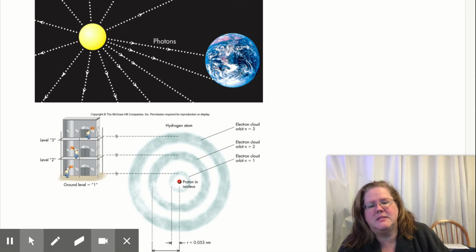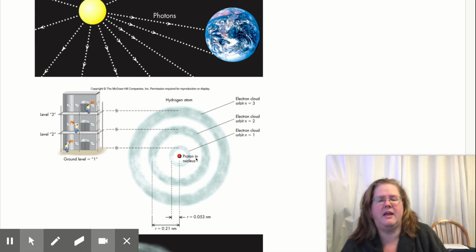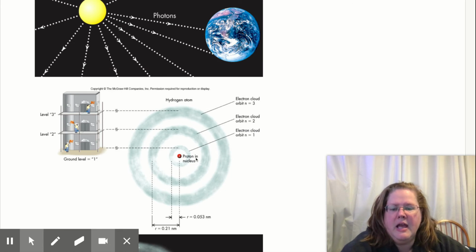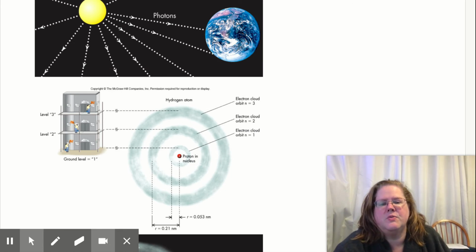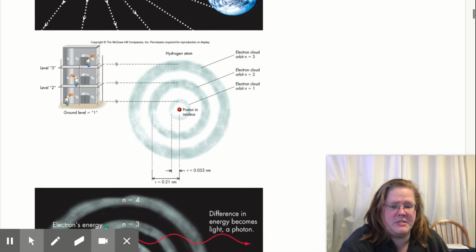So what happens is, think about it this way. If I have the protons in the nucleus and you're getting them squished together, you're literally also forcing the electrons to come together, and they can jump shells. And as they jump from one shell to another, they release energy in the form of photons, what we perceive as light.